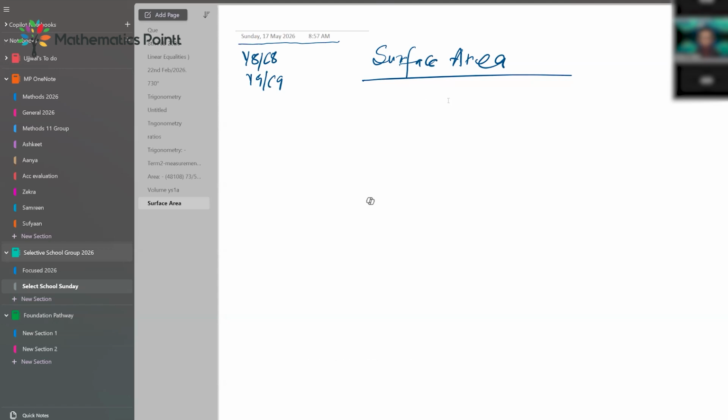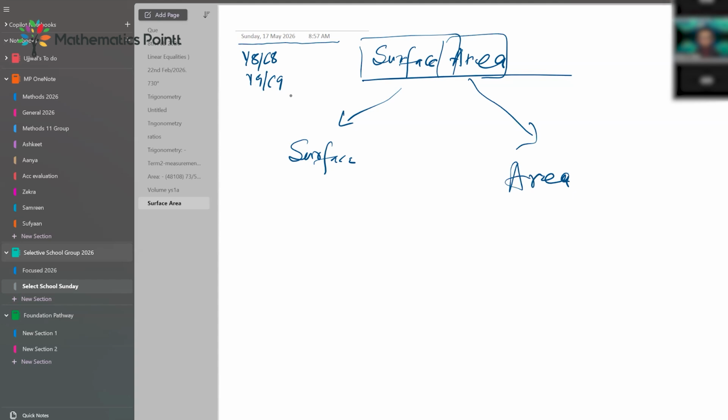All right, surface area. So when we come to surface area, it's got two parts to it. The word surface and the other word is area. Now, area is a two-dimensional measurement. It's a 2D measurement. You all know that.